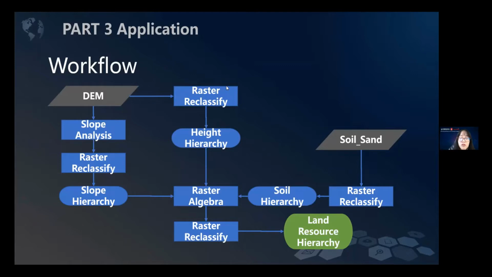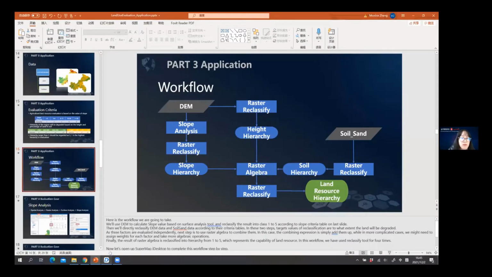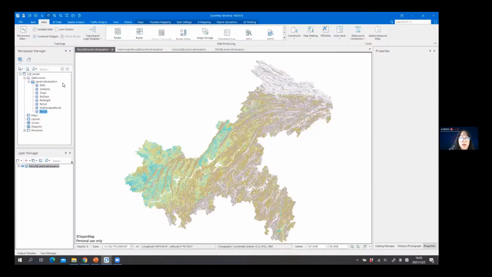Okay, I will answer the question about the classification process later, and about the data format in SuperMap. Here, I will directly show you that in SuperMap iDesktop, all the data will be stored in a data source, and in the data source, we can store any kind of GIS data.